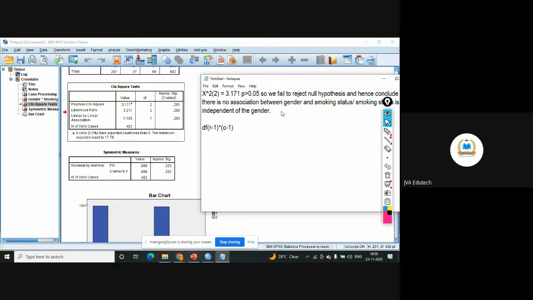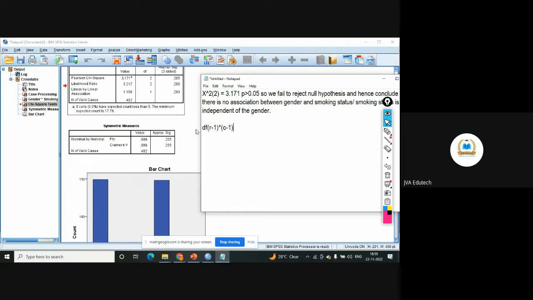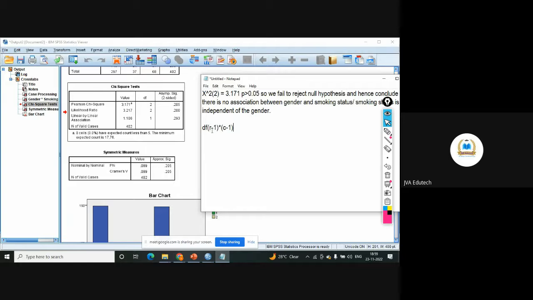So we had rows in three categories, that is the smoking status, so 3 minus 1 is 2. And columns, we had two categories, 2 minus 1 is 1. So the degree of freedom is 2 times 1, that is 2.